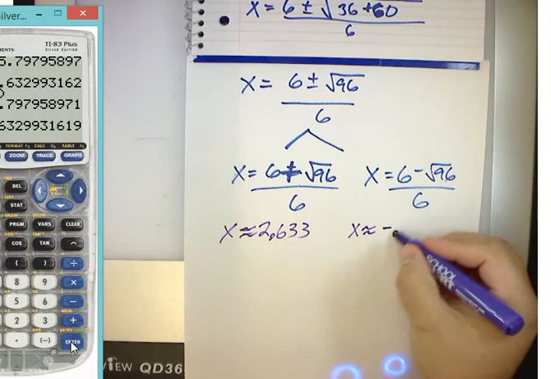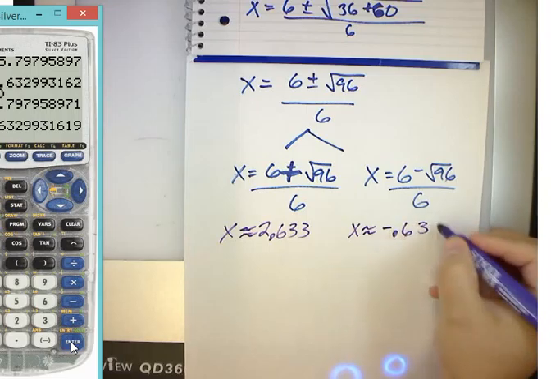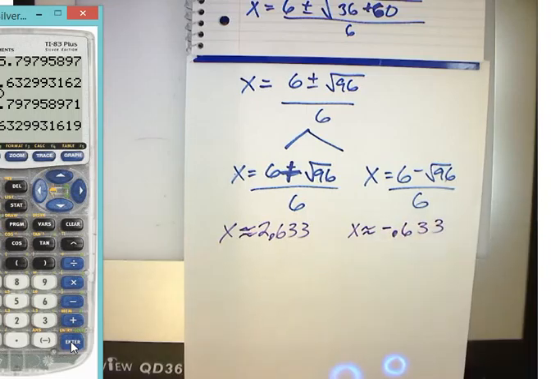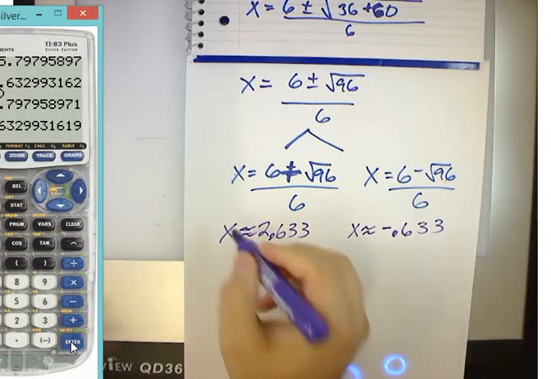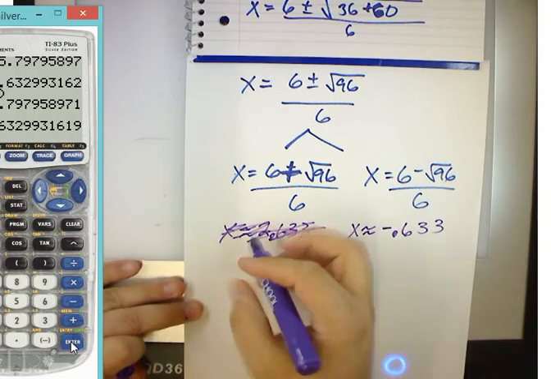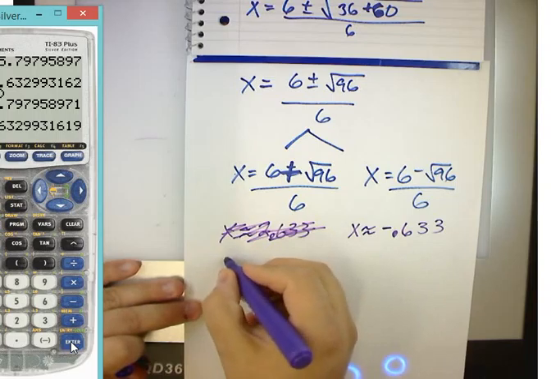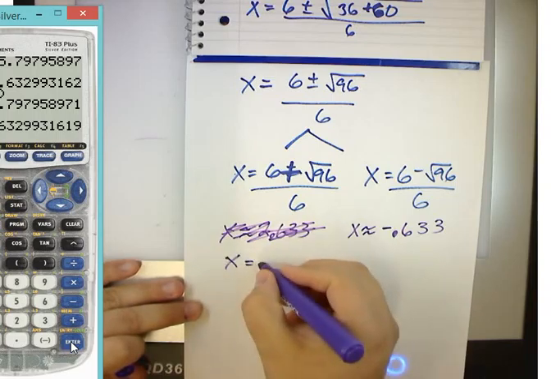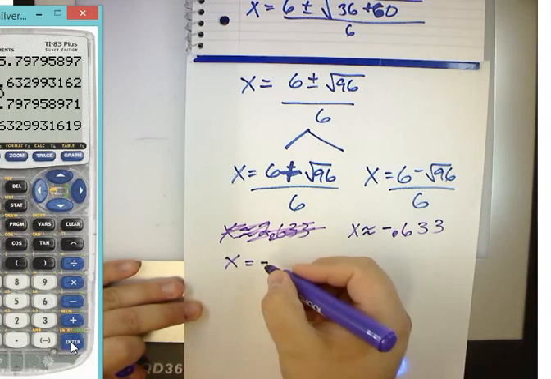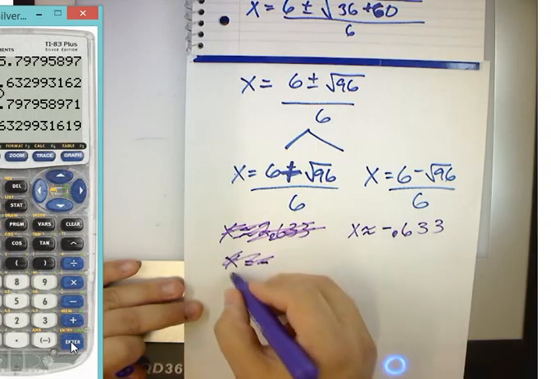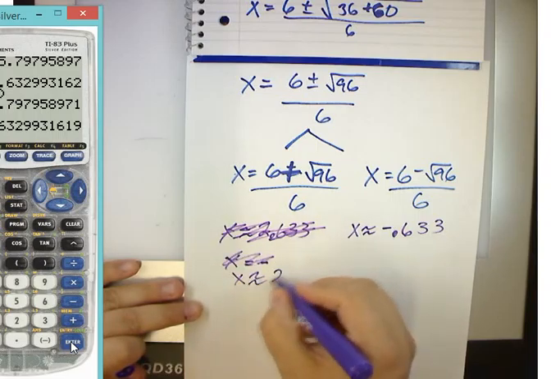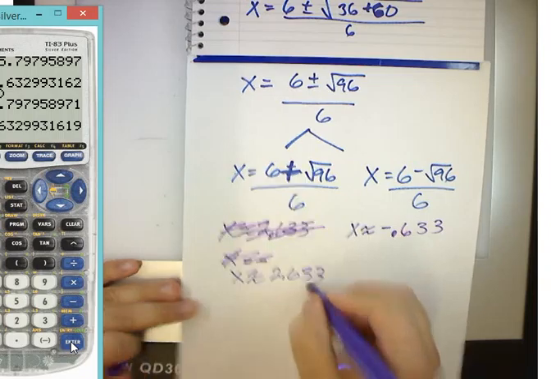Negative 0.633. Okay? Alright. So those are, oh wait, why did I write down the wrong answer here, you guys? You're supposed to tell me when I make a mistake. This answer is x is equal to, no, I had the right answer. What am I doing, you guys? x is approximately 2.633. So those are my two answers.